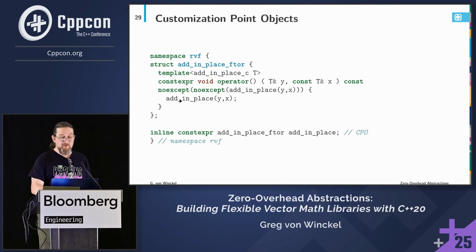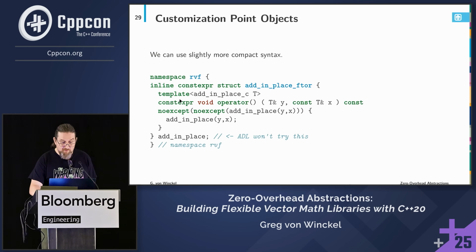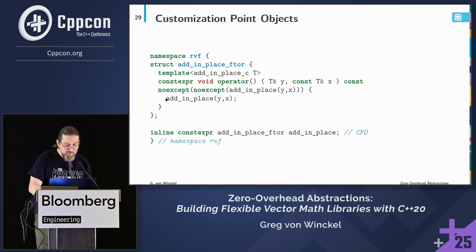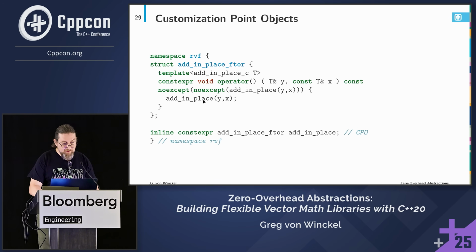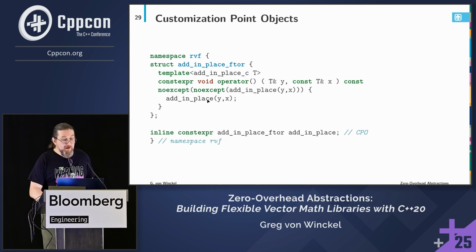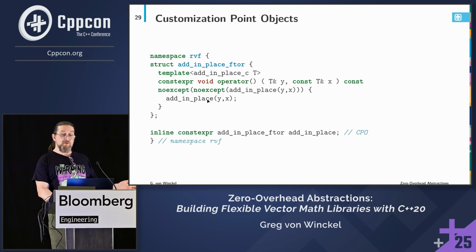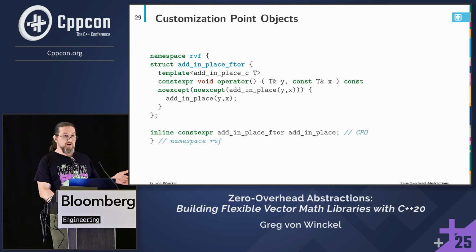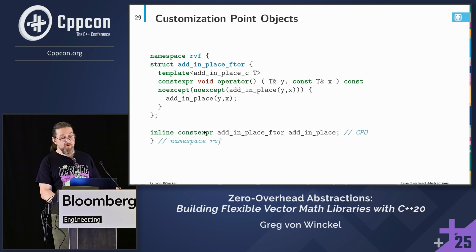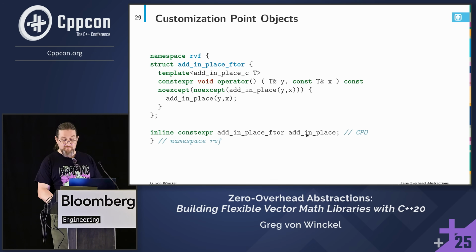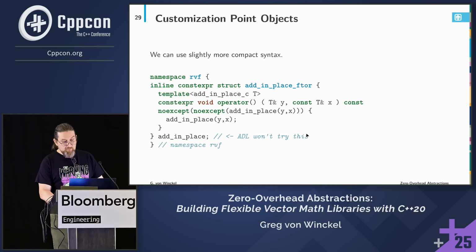Because this thing, apologies. Let's see if this works, right? Nope. I can't highlight. The add in place that is inside of the call method is seen by ADL as being a function, whereas this is not seen as being a function. So there's no kind of recursive behavior here.